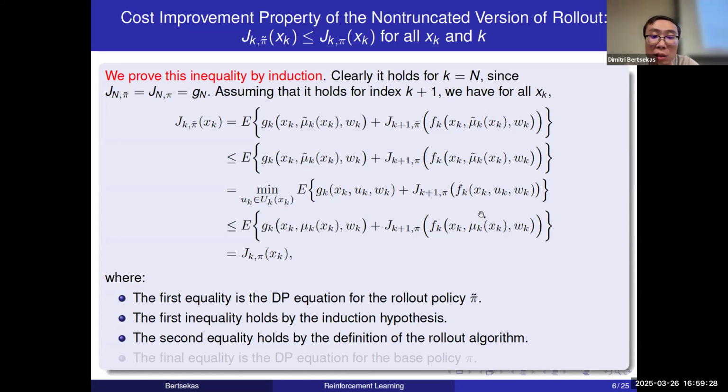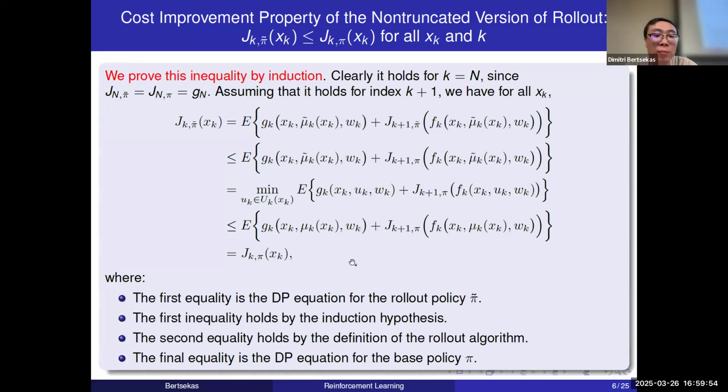And since it's a minimum among all the u_k, it must be no more than the cost of the control of the base policy. Therefore, this inequality holds. And the last equality is the dynamic programming equation for the base policy, and therefore, the proof is concluded.